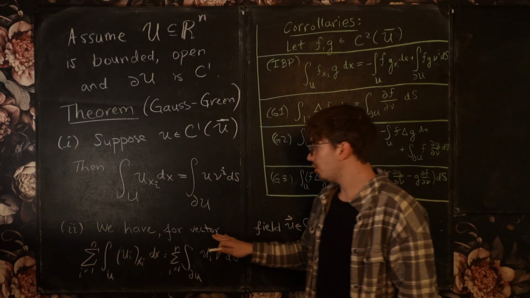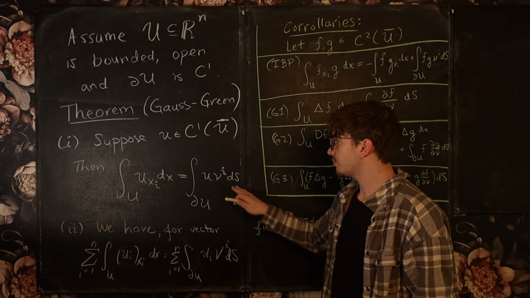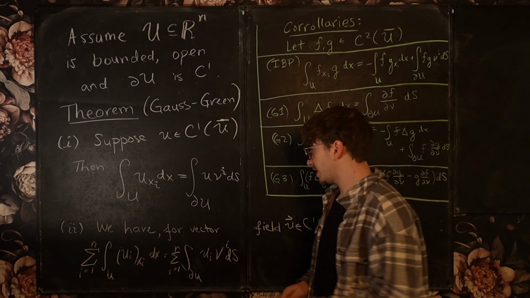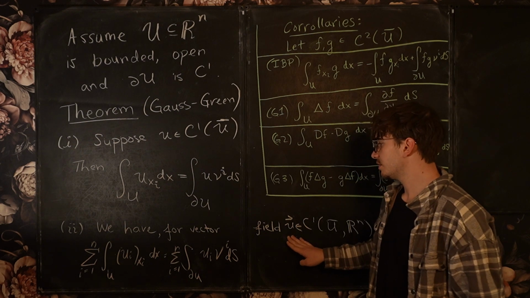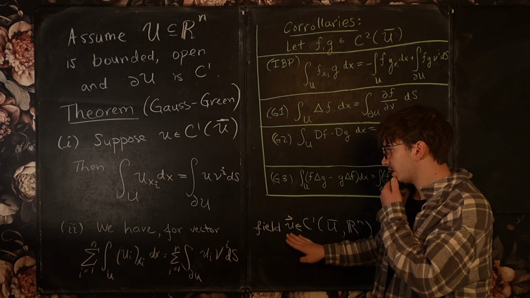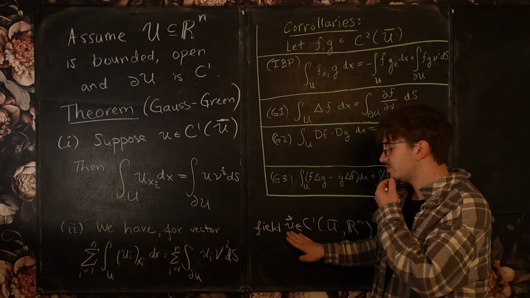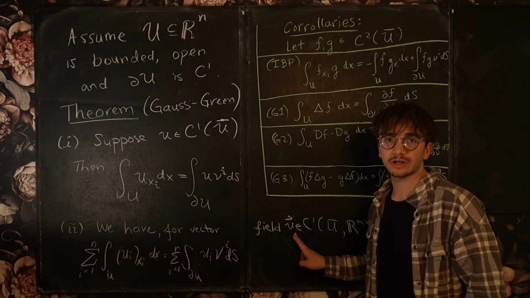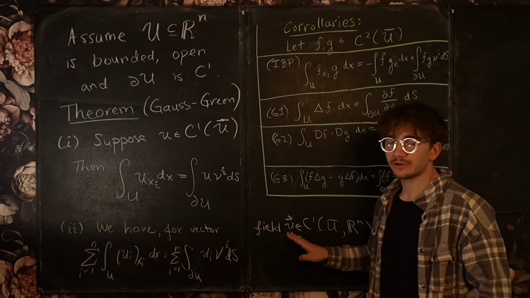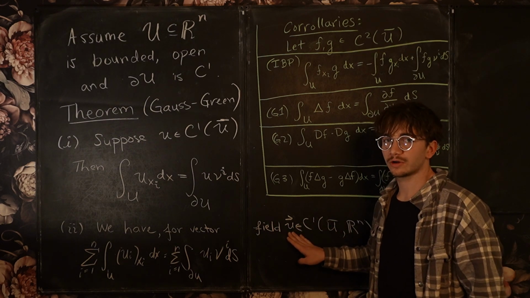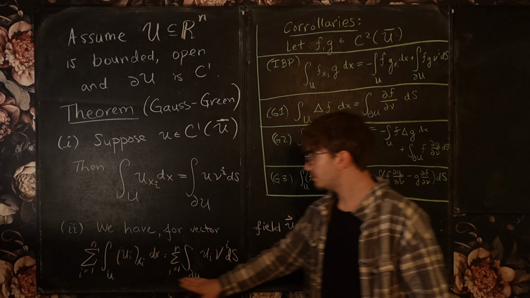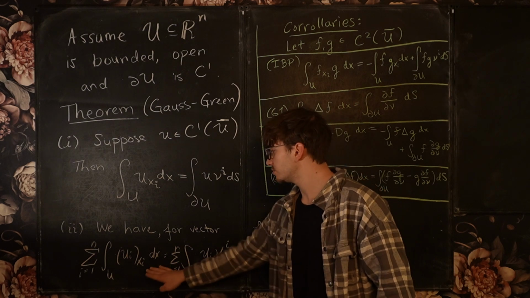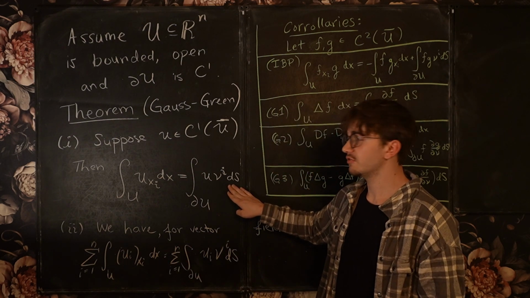And if you know part 2, then you can actually recover part 1 just by choosing the right vector field. If you choose a vector field which is 0 in all coordinates except for one coordinate, then these sums are just going to spit out a single term, and that single term is precisely the statement of part 1.